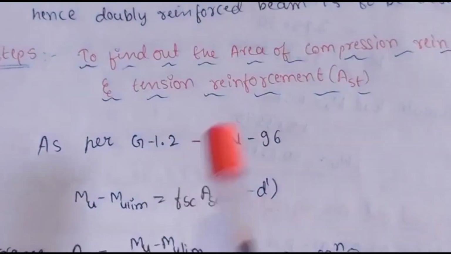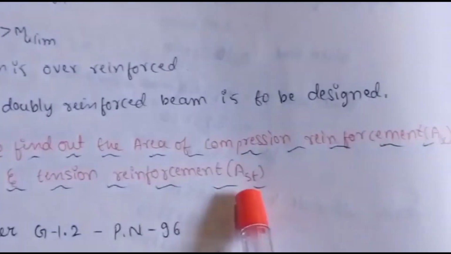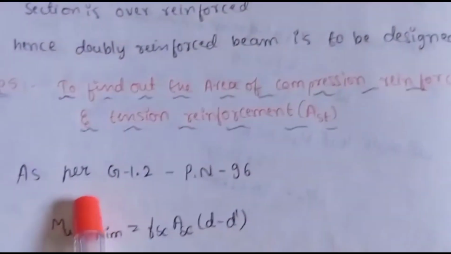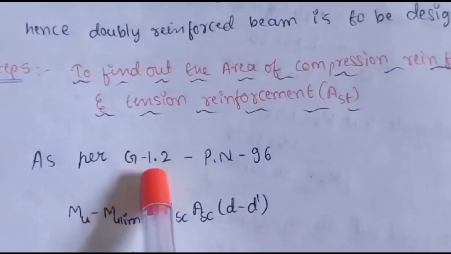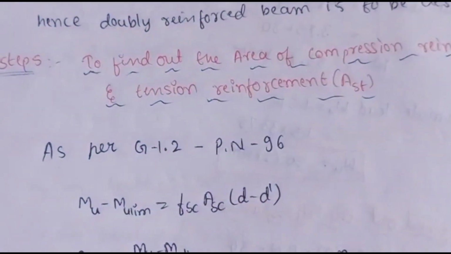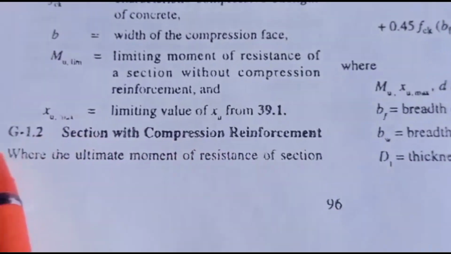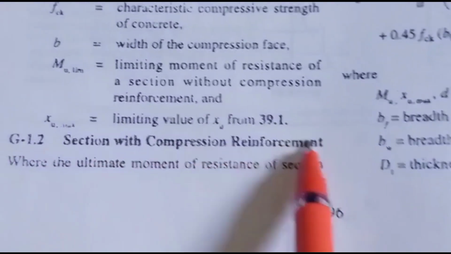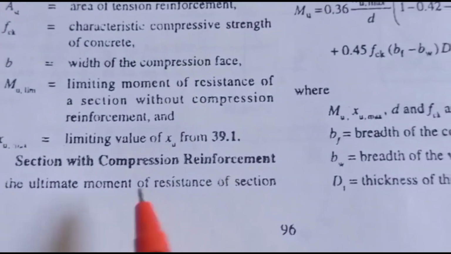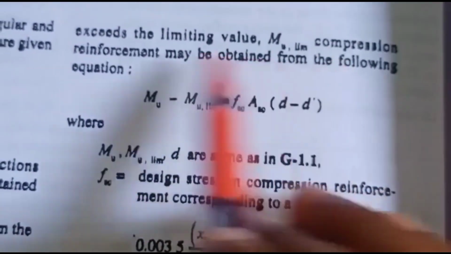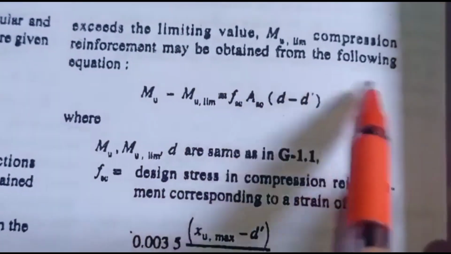First we'll go for the calculation of compression reinforcement, denoted as Asc. For that, as per G-1.2, page number 96, we'll see what it says. This is page number 96, G-1.2, section with compression reinforcement, where the ultimate moment of resistance of section exceeds the limiting value Mu limit, compression reinforcement may be obtained from the following equation.